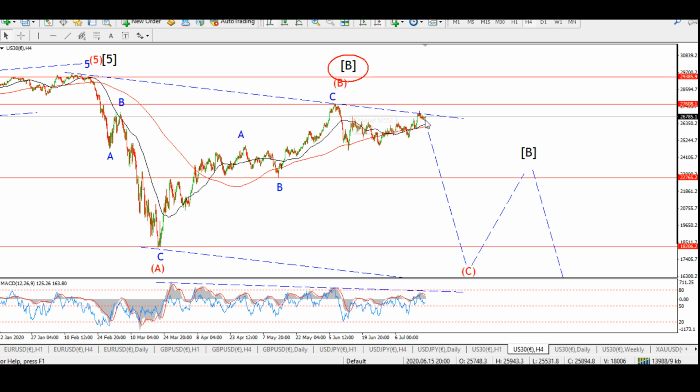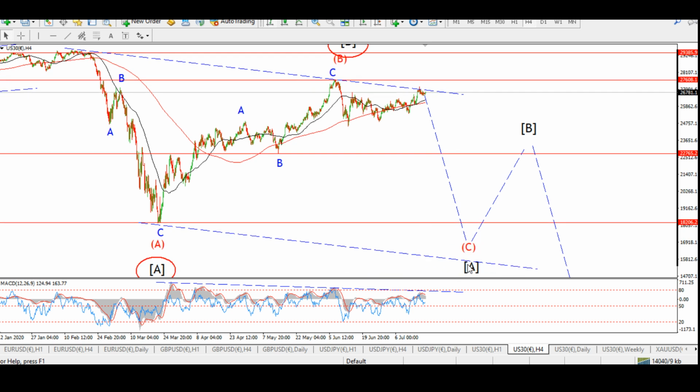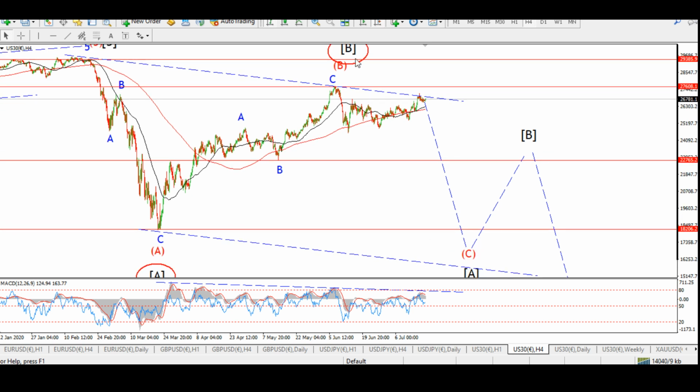We're still languishing below, continuing that trend line down, and we are continuing a momentum divergence off the lows, and I still am favoring a decline in wave C to complete wave A if we don't already have wave B in place.